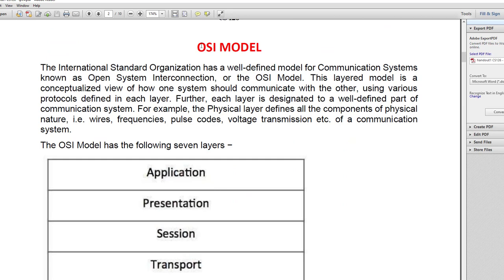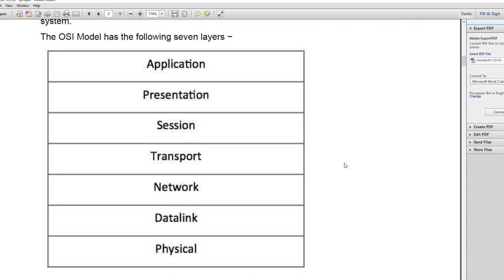Another fundamental concept in networking is the OSI model. It stands for Open System Interconnection, a well-defined model for communication systems from the International Organization for Standardization. In the OSI model, there are 7 layers: application, presentation, session, transport, network, data link, and physical.